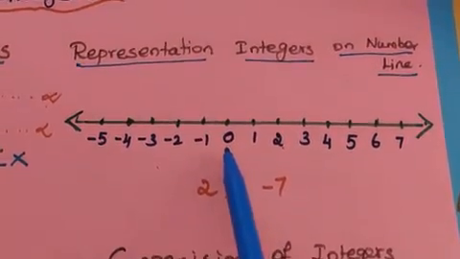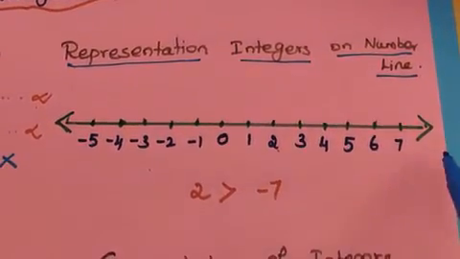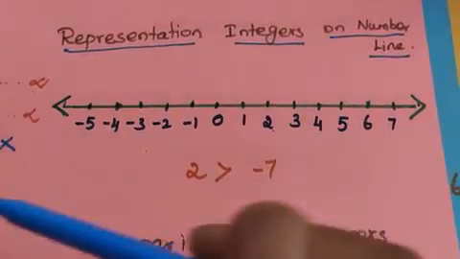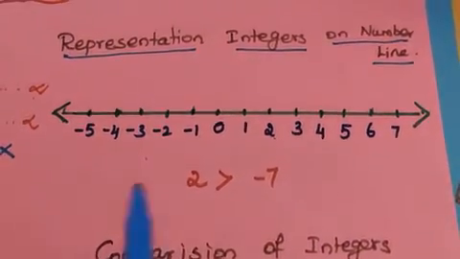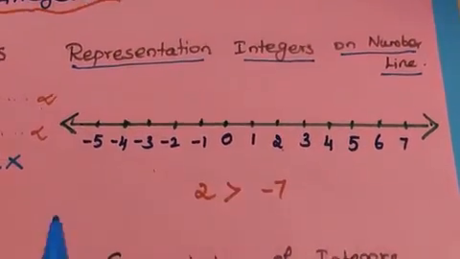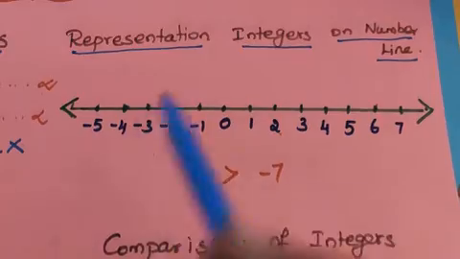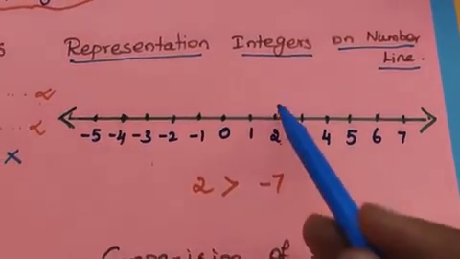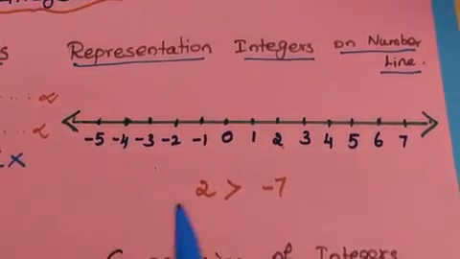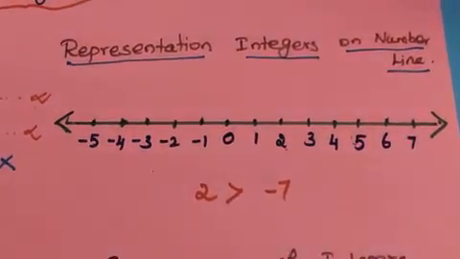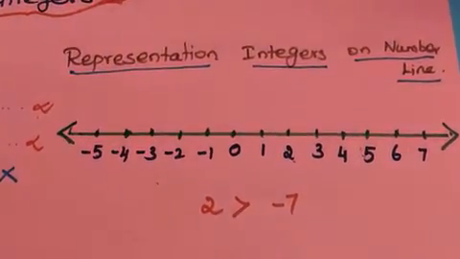So 0 is in the middle. The right side of 0 is positive and the left side of 0 is negative. Suppose it is minus 2, you mark it minus 2 here, and 2 directly comes here. And if it is 5, then it will come here. So using the number line, we can do addition and subtraction.